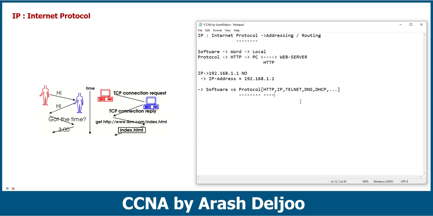Okay, let me write here. For example, here we have PC1. PC1 has HTTP, and also we have PC2. PC2 also has HTTP. PC1 says to PC2, hey, please give me the web page of a special site, for example, the GET message.